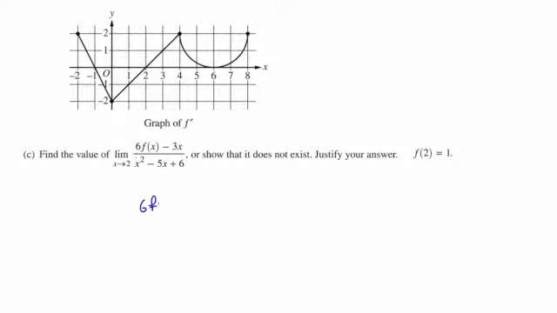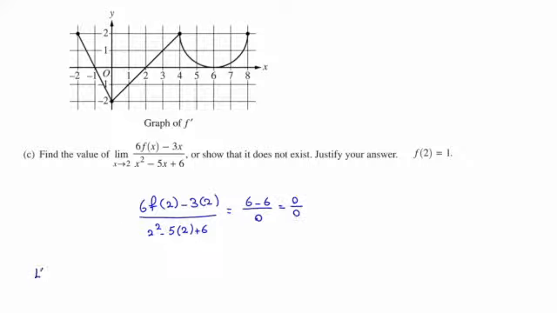So 6f of 2, and from the problem we know f of 2 is 1, so 6, minus 3 times 2, which is 6, over 2 squared, 4, minus 10 plus 6. That is 10 minus 10, 0, so it will be 0 over 0.